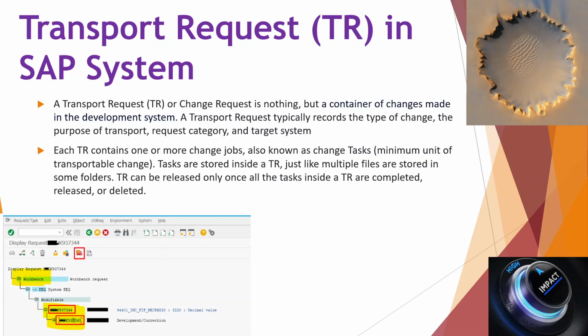Whenever we create a TOC, otherwise also called transport of copies, at that time we don't copy the main TR. We always copy the objects sitting under a particular given TR, and that TOC we release to the next system. In our case, if we are releasing it from development, it will first go to quality, and then from quality it will further go to the production system, based on the system process which is mapped in it.